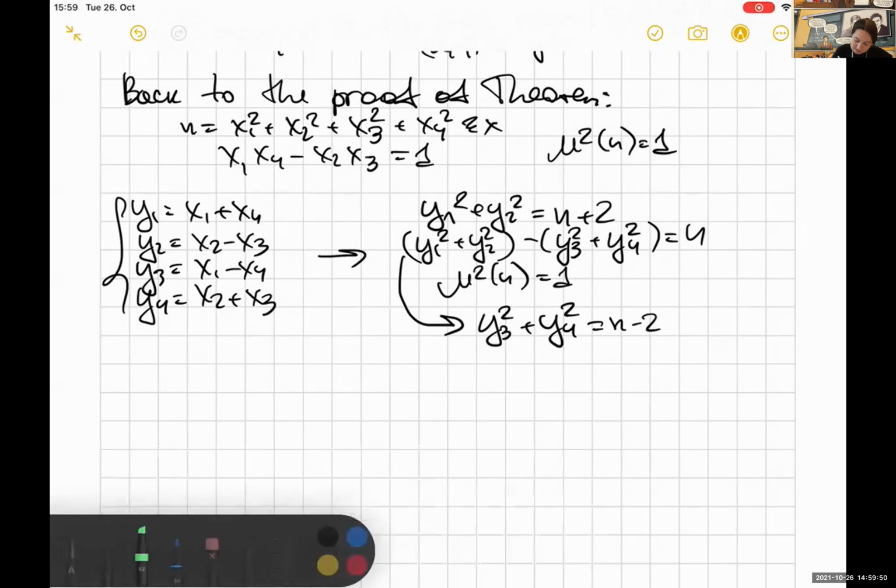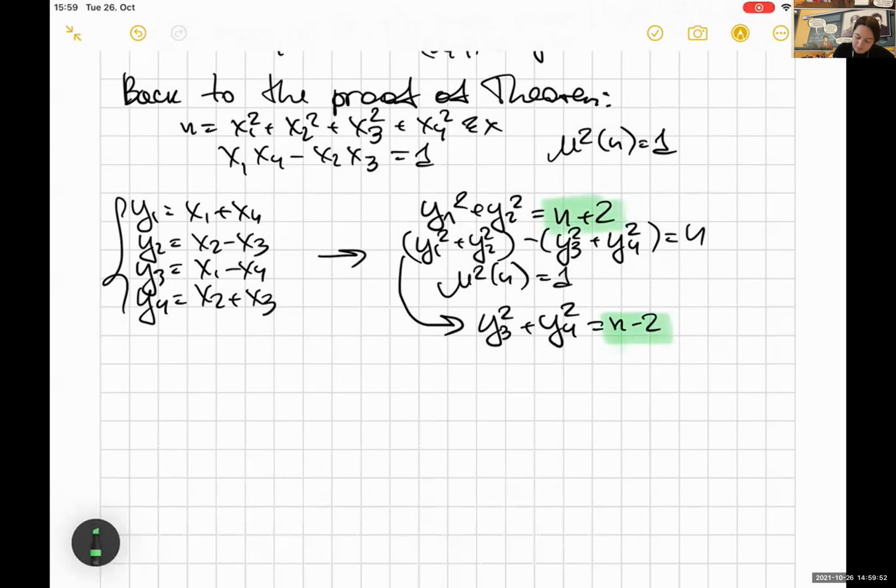So we got here n plus 2 and n minus 2 each equal to a sum of two squares. This means that we reduced our problem to counting the correlations of the function that counts the representation as a sum of two squares.